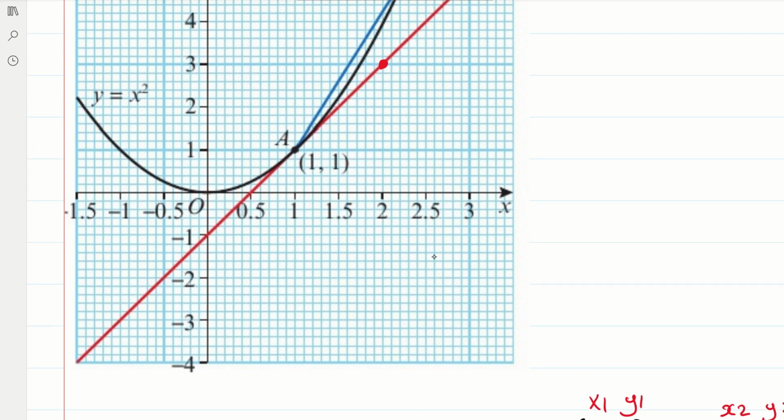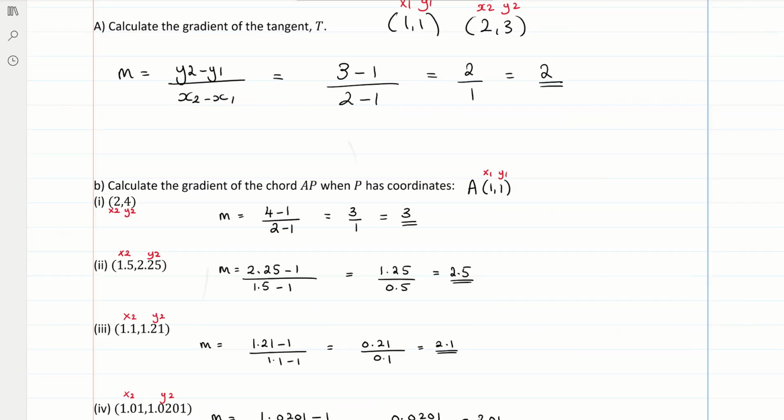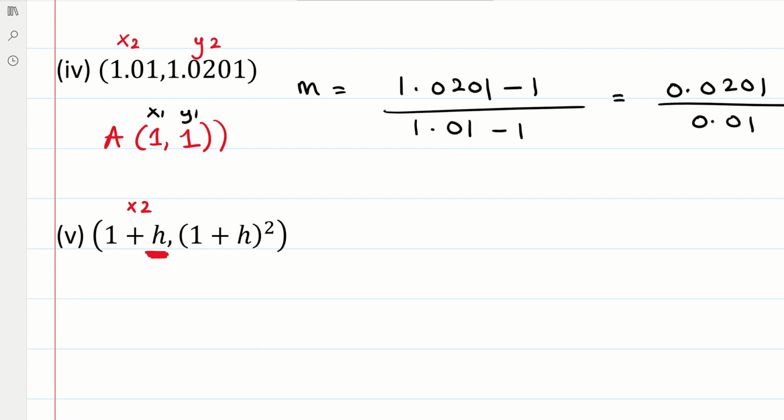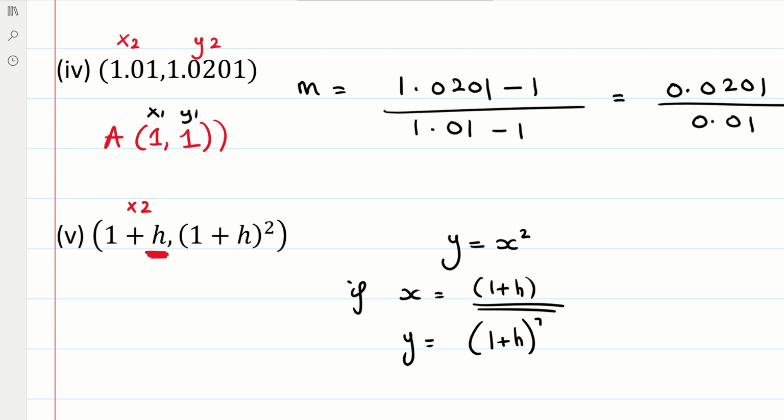So here's point A. H is a very small distance in the x-axis. And of course, because this is the graph of y equals x squared, if x is 1 plus h, y is x squared, so 1 plus h squared. So that's where the y comes from.